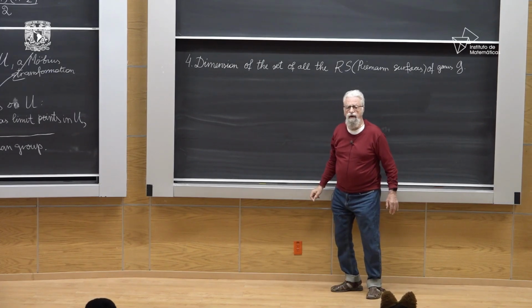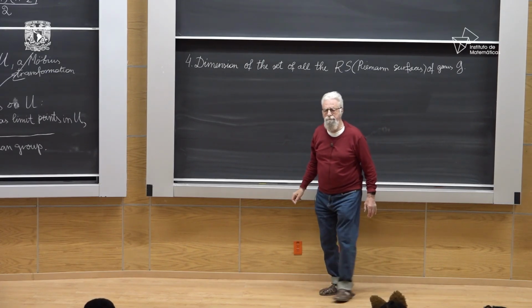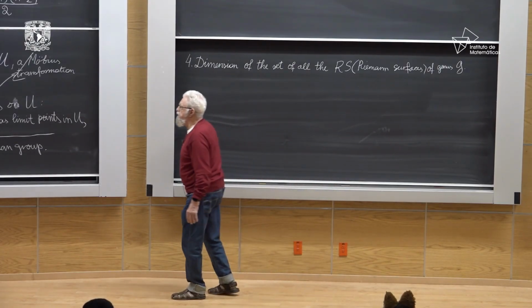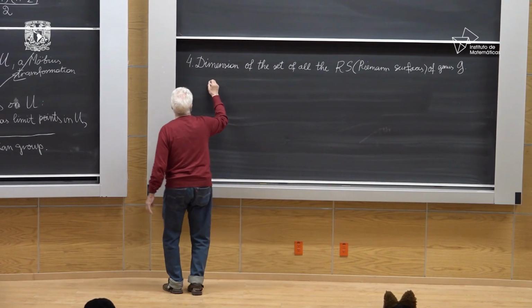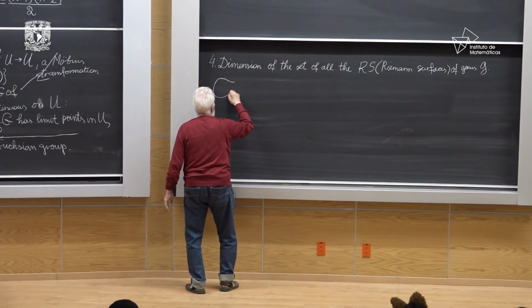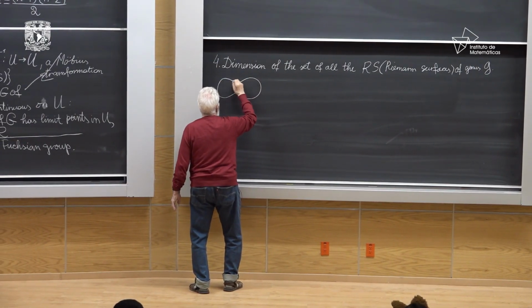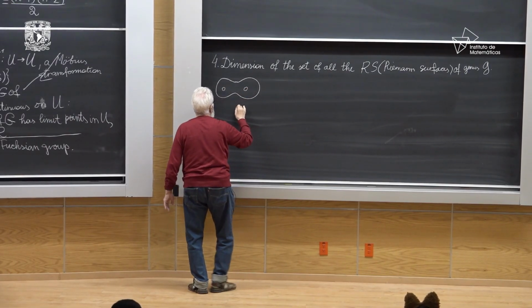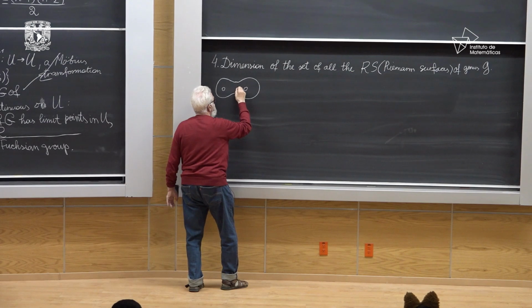So, what it is, the Riemann surface of genus G is a sphere with G handles.